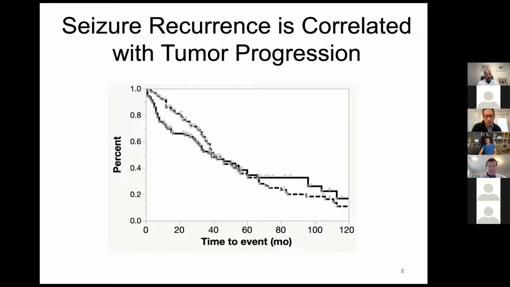In fact, when patients came back for surgery, it was documented histologically with tumor progression. So in the setting of low-grade gliomas, where patients are initially seizure-free, seizure recurrence is correlated with tumor progression.